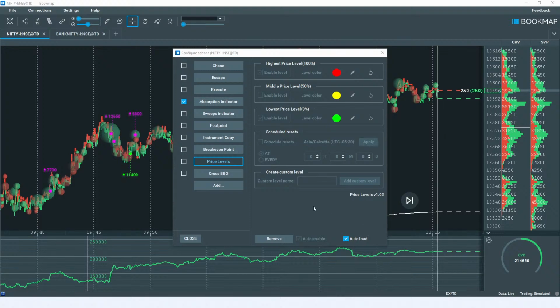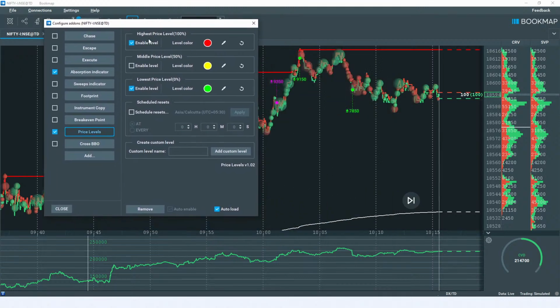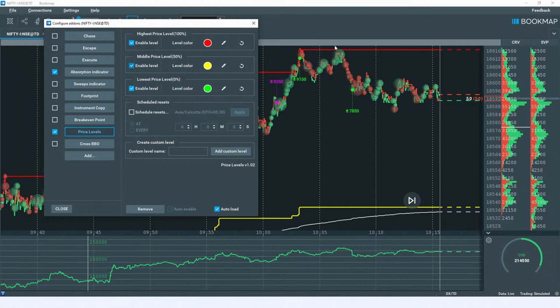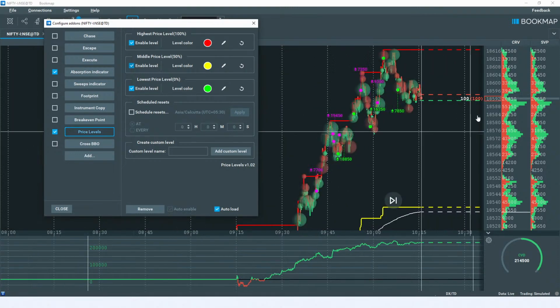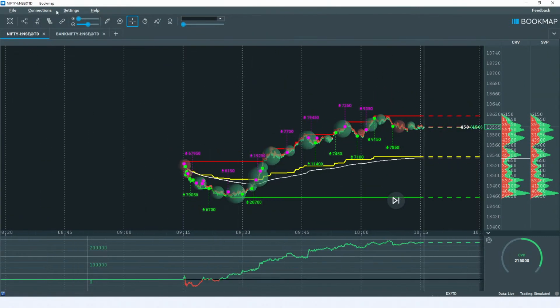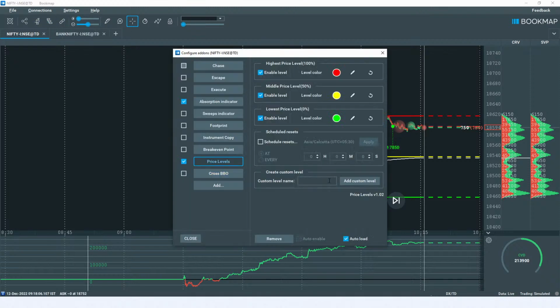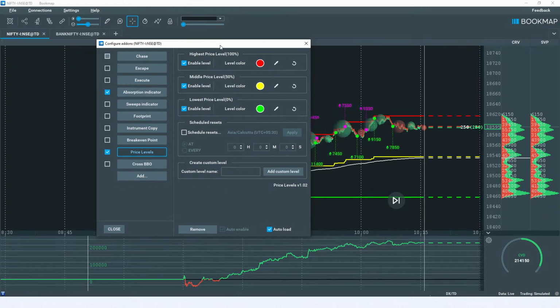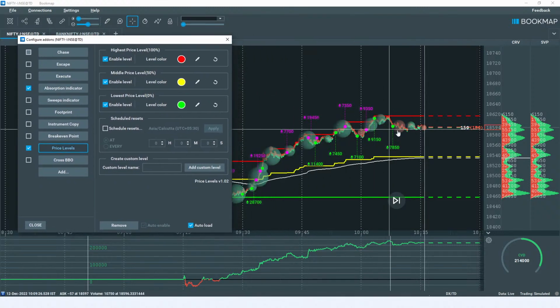Basically, in simple terms, let me enable the price levels. Immediately the three levels appear: the higher price level for the present range, for the present day, what is the 100% highest level, what is the high, and what is the mid range, the mid price of today's entire market.